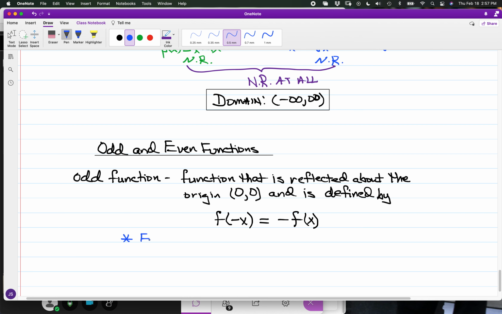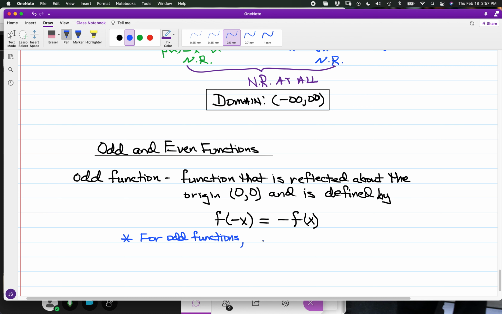So what this means is that for odd functions, we have opposite sign inputs. Notice you have negative x and x. And notice the outputs, you have a positive and a negative, positive on the left, negative on the right.